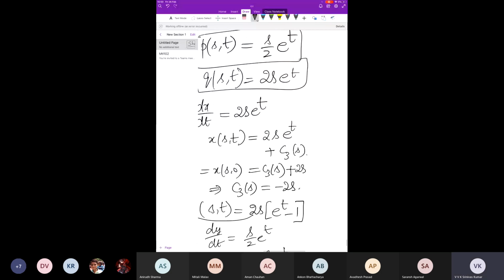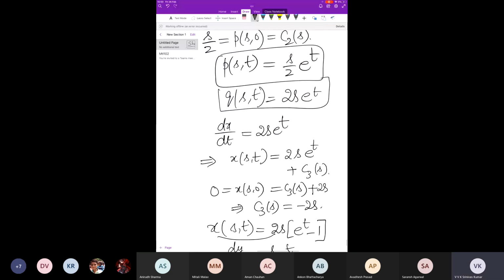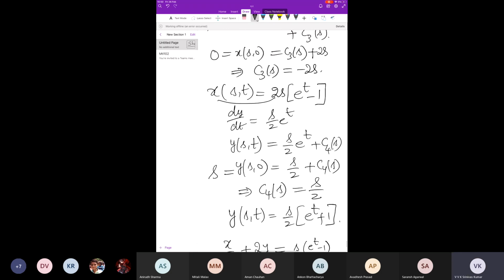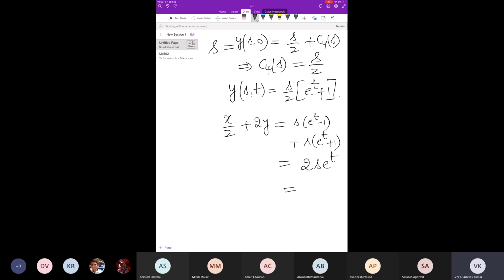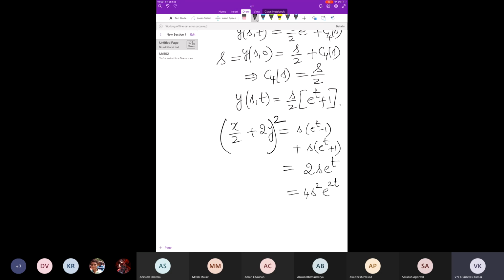Z. And also use this: if you square it, it will be s square exponential 2t. So what is z here?